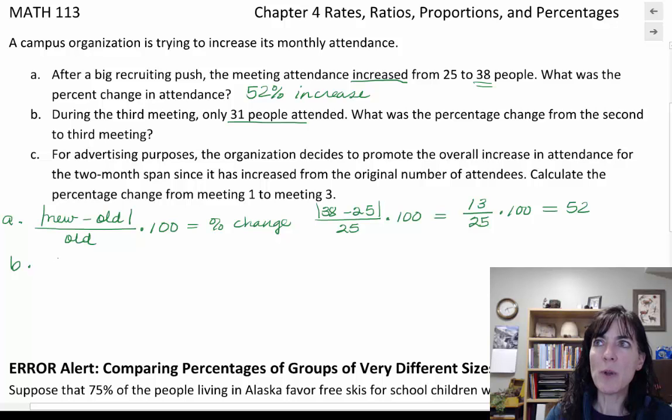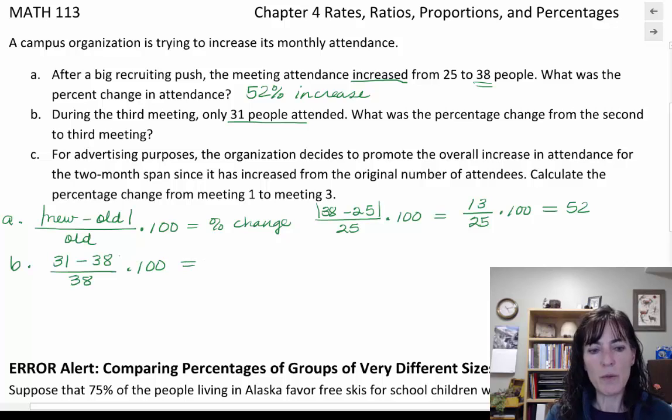So we have the new is 31, minus the old is 38, over the old is 38 times 100, and we need absolute value here. 31 minus 38 is going to be -7.